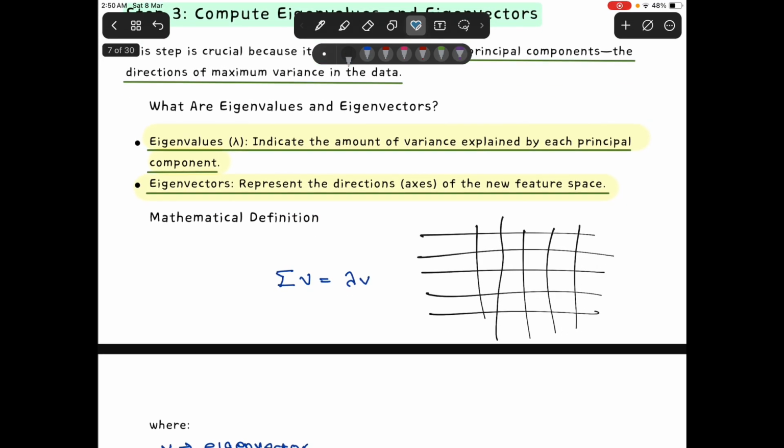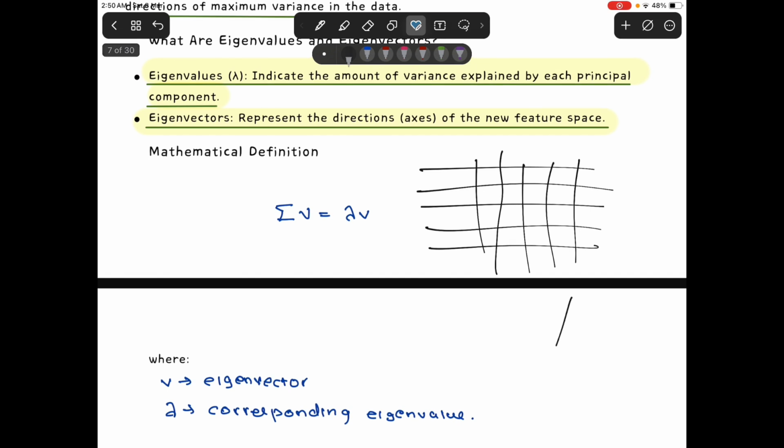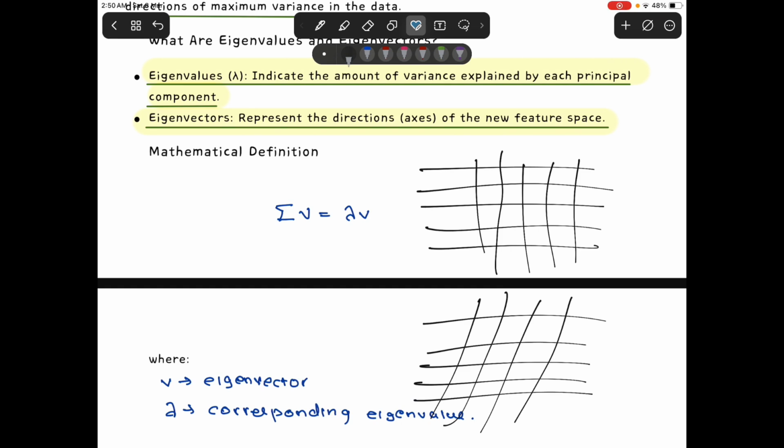If we change this to this, like this, okay, and here this is the x-axis. If initially this is our origin, let's consider this as our origin.